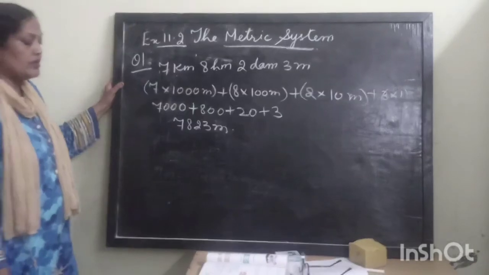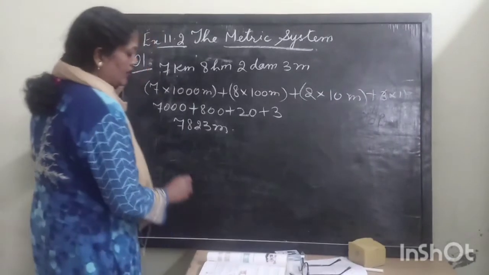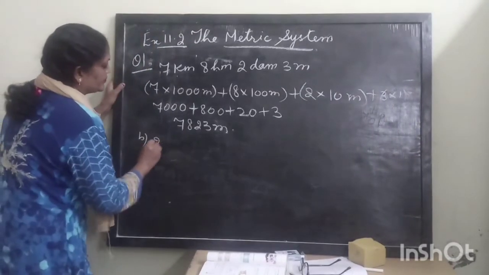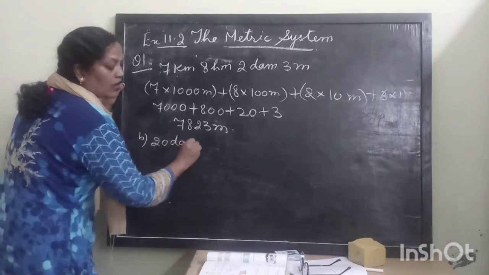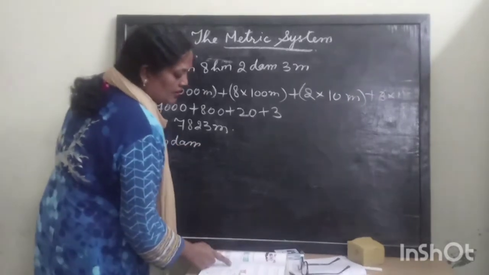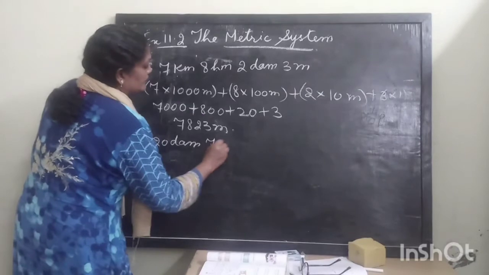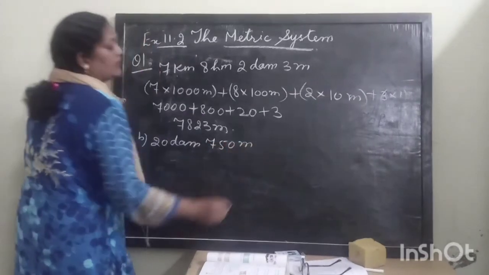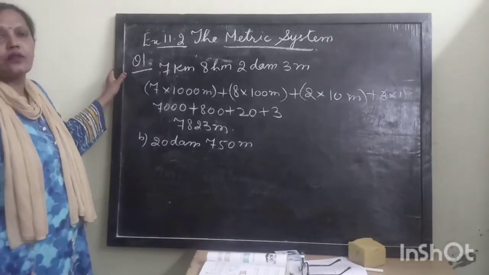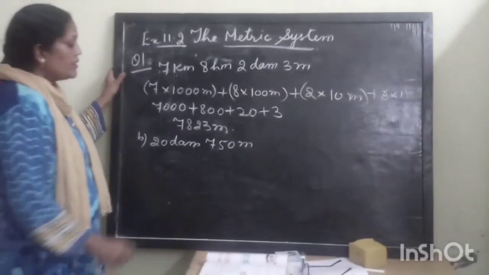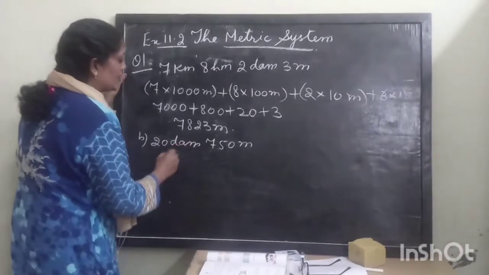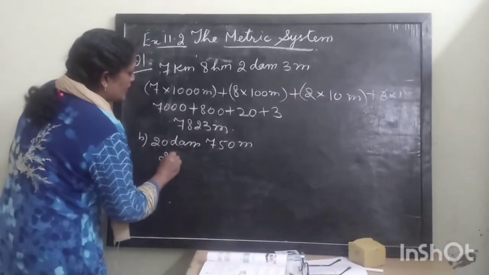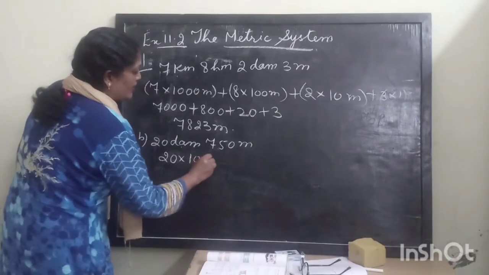All of you understood? Similarly, see 20 decameter and 750 meter. First of all, you learn the derivations. I will take an oral test during the online class. And here you know 1 decameter is 10 meters. So 20 will be 20 into 10 meters.